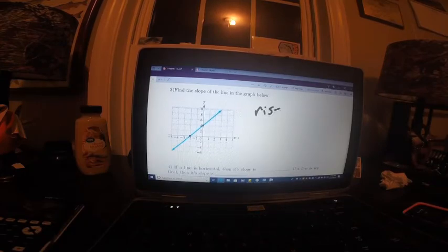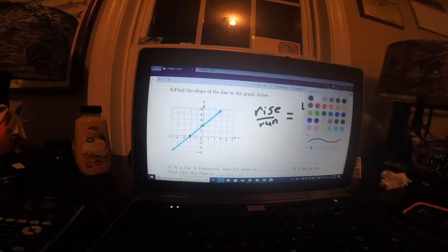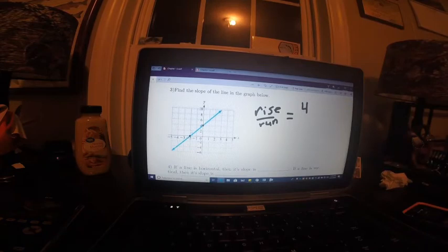The easy way to do it if you're given the graph, instead of doing a whole bunch of math scribbled out on the side, is just to do rise over run. I'm at 0 here on my y-axis. I'm going to rise, this is 2, this is 4. So I'm going to rise 4. Now I've got to run to the right, to get to this point.